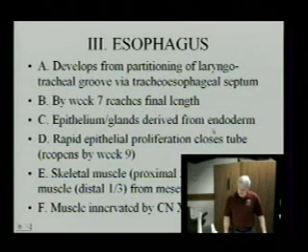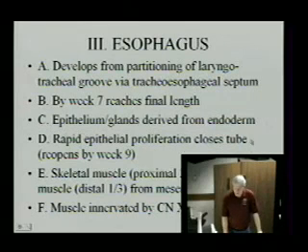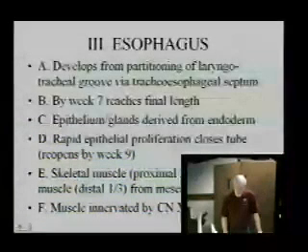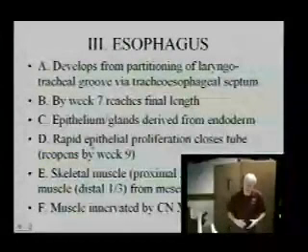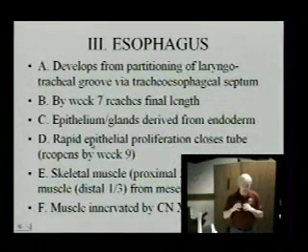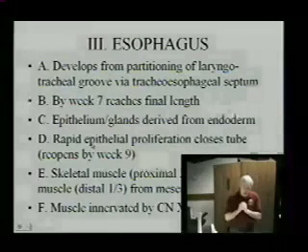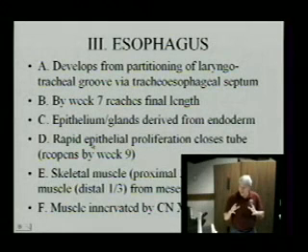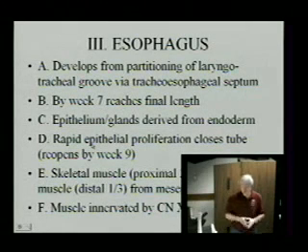So the epithelium and glands are derived from the endoderm. And looking at the model of the adult structure, we saw how that occurs. There's a rapid epithelial proliferation that closes the tube, and then it reopens by week 9. Anytime we hear about this occurring, where it either starts as a solid core and has to become patent, or if it's a hollow tube and there's an epithelial proliferation that closes it off, we know that it has to reopen, and there can be problems with that.